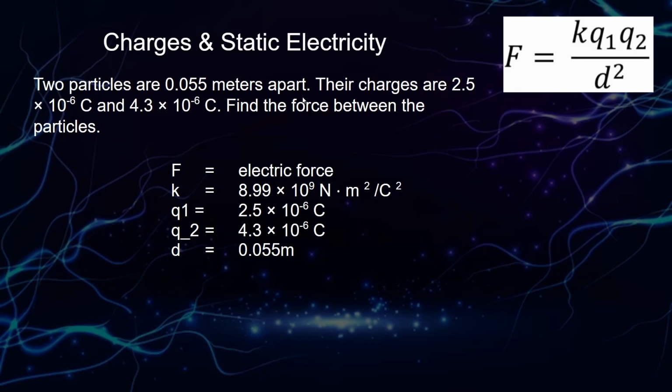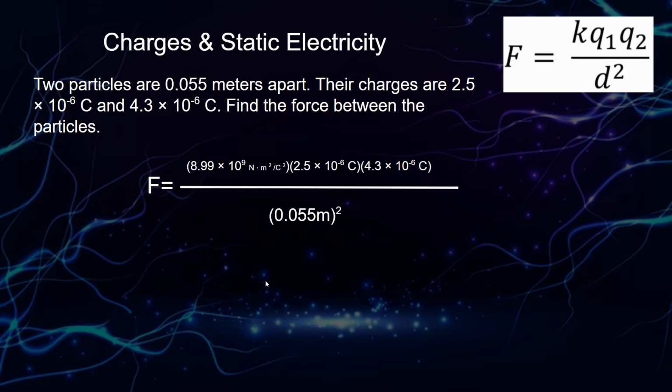So I'll just take the first one, 2.5 times 10 to the negative 6 coulombs. The second one will be 4.3 times 10 to the negative 6 coulombs. And then my distance was 0.055, or I believe that's 5.5 centimeters. I need to make sure when I plug this into the equation, I square it.